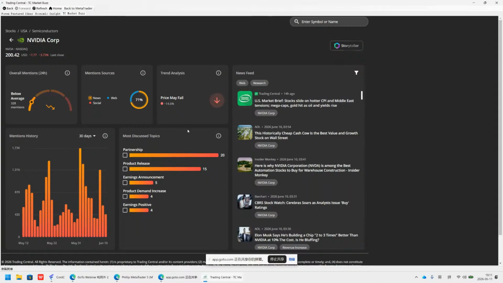It also displays the top trading topics of this particular subject. The chart here shows the volume of the mentions over the selected period, and news feeds from different authorized sources are displayed on the right-hand side.